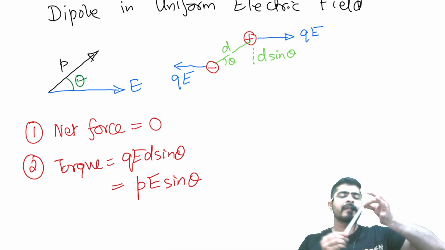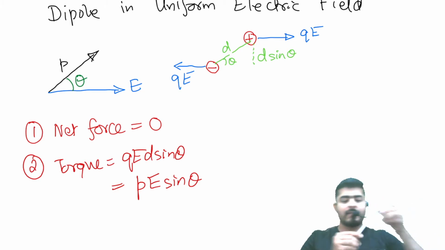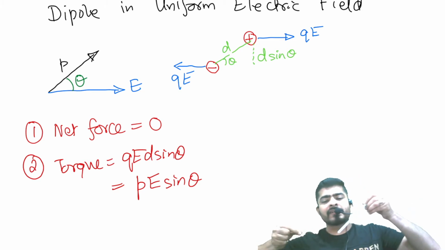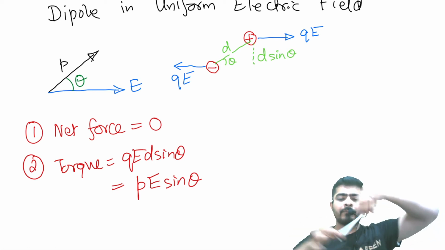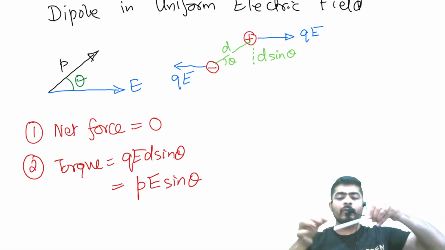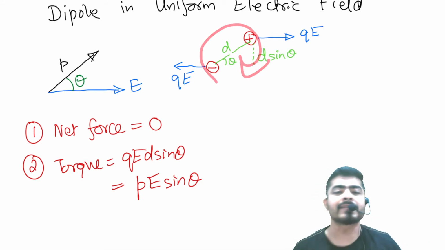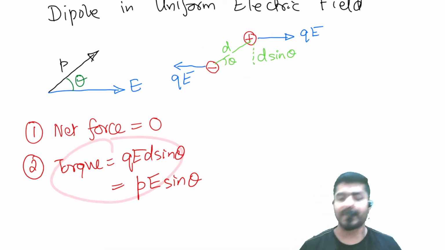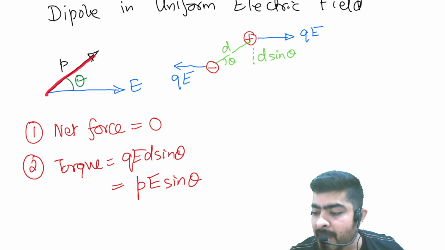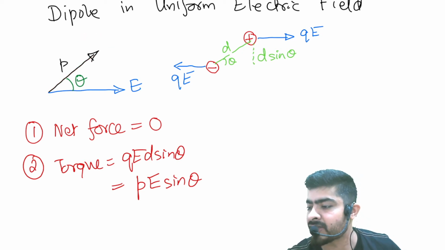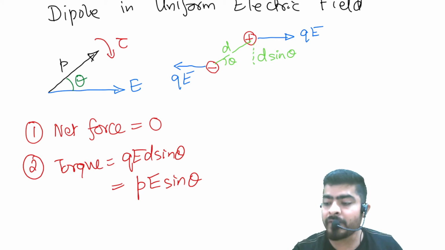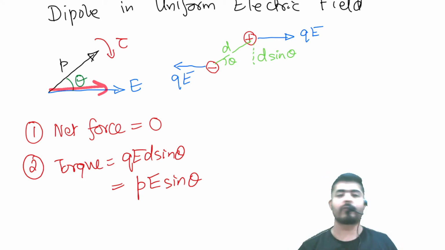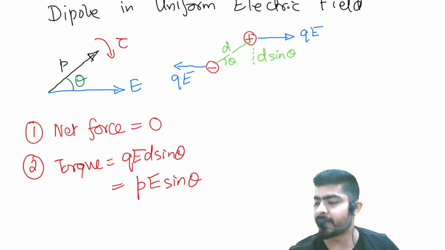Pull this end of the pen in this direction, pull this end in the opposite direction, and observe what happens. If I pull like this, the pen is rotating clockwise. So the torque is also clockwise. That means the dipole will try to rotate in this direction. So the dipole will try to align itself parallel to the electric field.